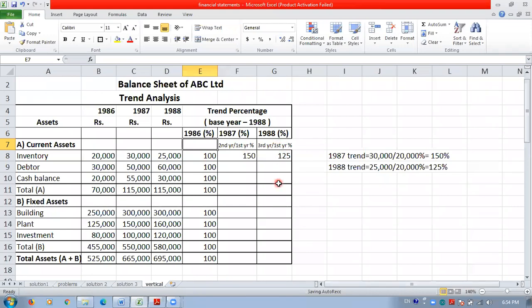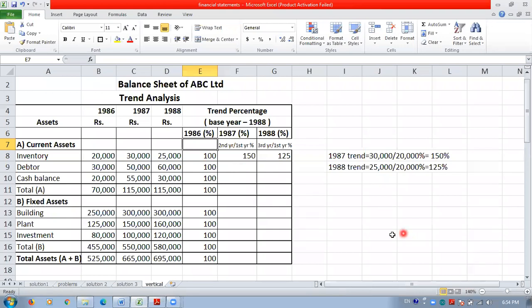Based on this first year we are calculating the trends for second year and third year. We are calculating the percentage, that means multiplying it by 100. Instead of multiplying by 100, you can simply click the percentage on your calculator, so you will get the percentage. Okay, so calculate for debtor also and give me the answer for second year and third year.